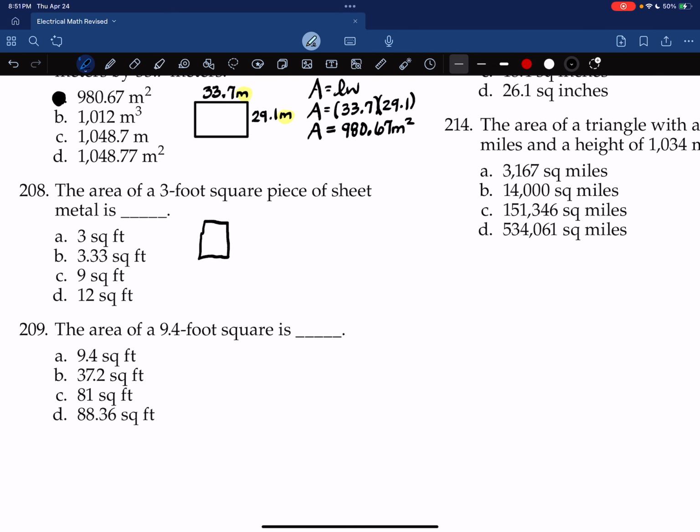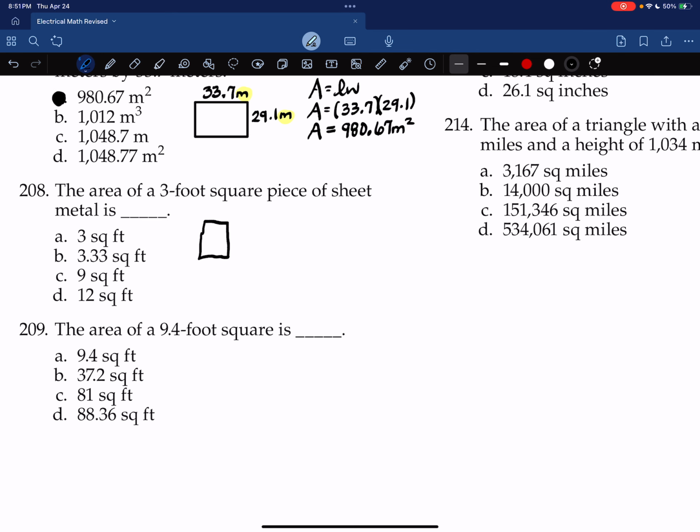The area of a 9 4/10 foot square is blank. So we have 9.4 feet. If it's square, it's identical all around. So length times width would be 9.4 times 9.4.